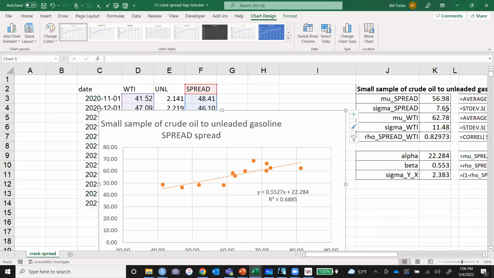Sigma spread is 7.65. Notice the standard deviation of WTI is $11, and the spread is 7. It's less, absolutely less. We'll make something out of that.